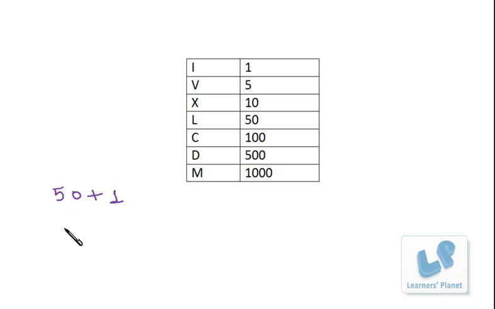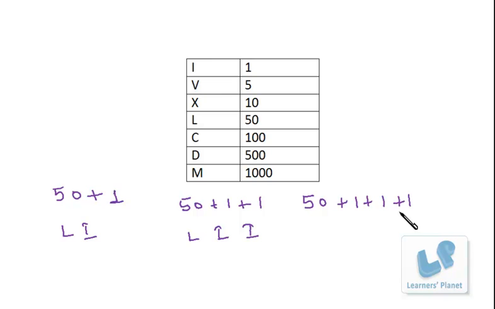It's L, and 1 is I. So 51 is LI. Similarly we go for 52. So it's 50 plus 1 plus 1. So it's LII. Okay. Now 53. 50 plus 1 plus 1 plus 1. So it's LIII.